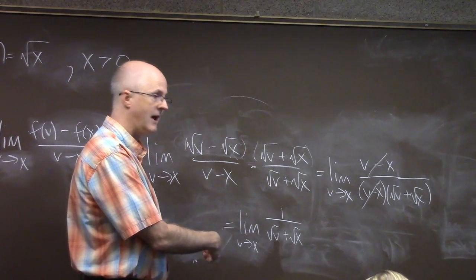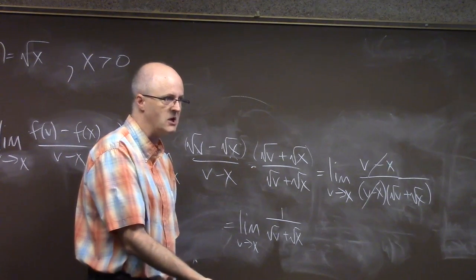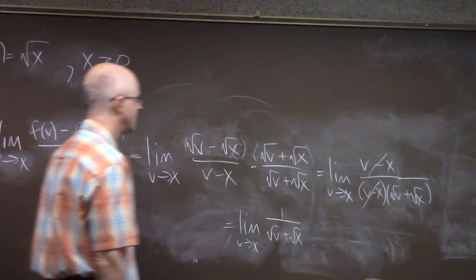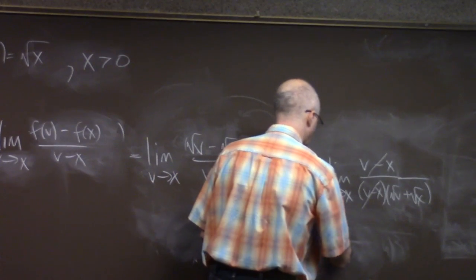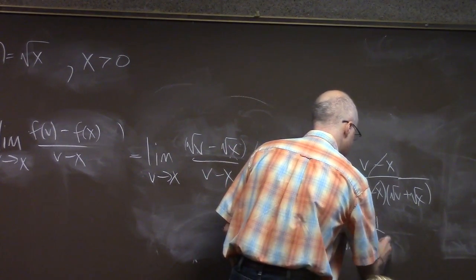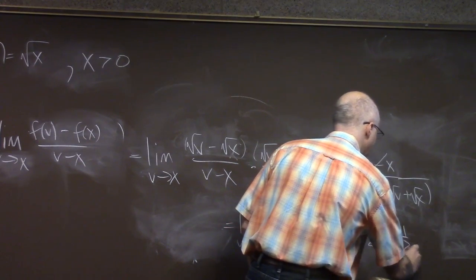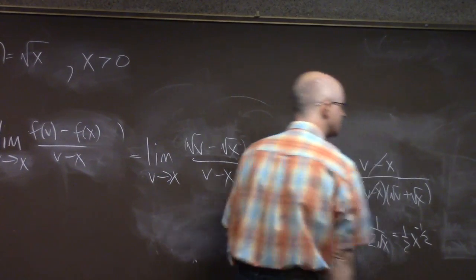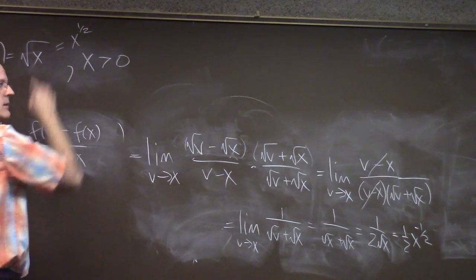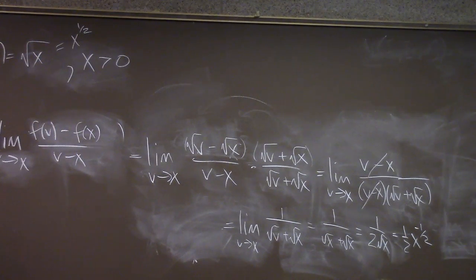If x were 0 and you'd be letting b go to 0, that wouldn't be good. So if x is positive, then we can say this equals 1 over square root of x plus square root of x, 1 over 2 square root of x, or 1/2 x to the negative 1/2, which is what you get when you apply the power rule to that.